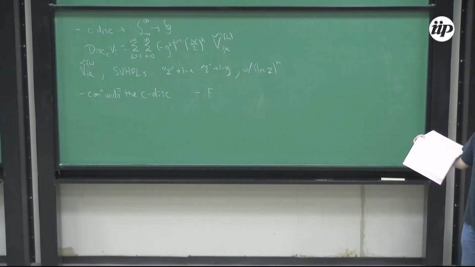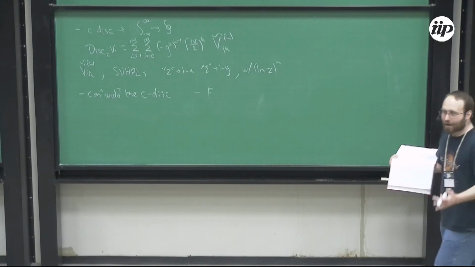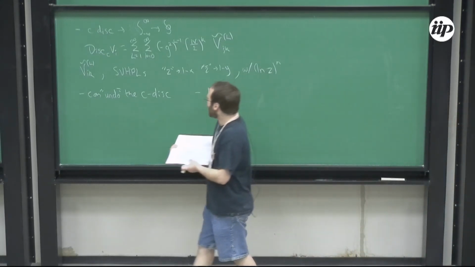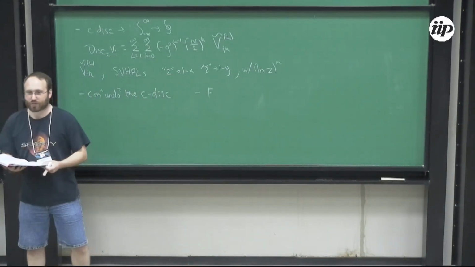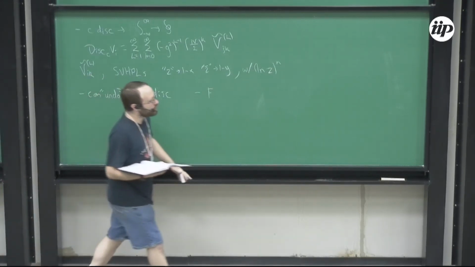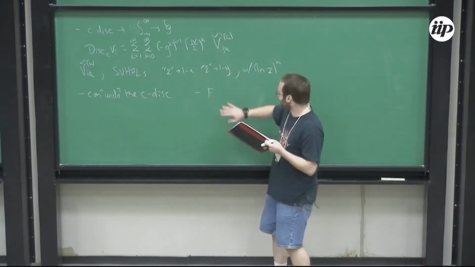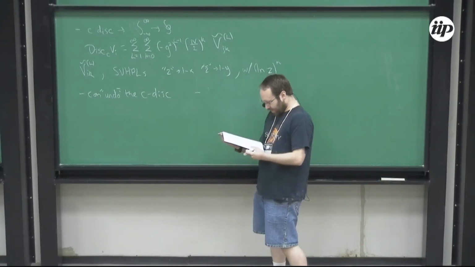Now, when you undo the C discontinuity, things are not going to be as simple. Now you can have more complicated functions, and they're not just going to fall into this very well understood class. But what you can do is you can characterize them by their derivatives. And you can find unique things that have to obey this.